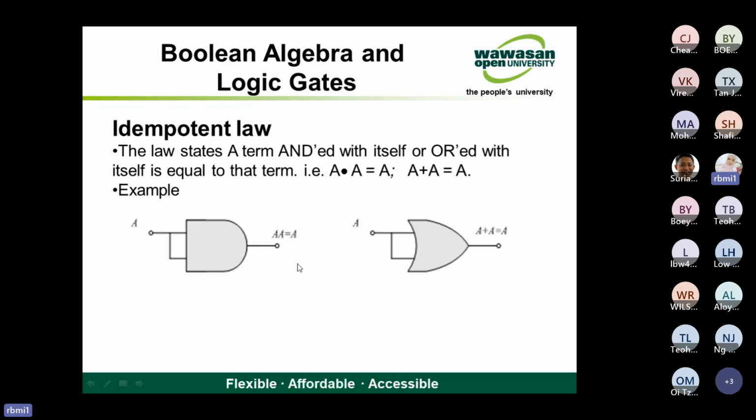This is for AND and this is for OR. Same goes if it is 0, 0 OR 0 we get 0, and if 1 OR 1, then we get 1. Do you notice that both inputs here are the same? Because we use the same node from this original input. This is the idempotent law of union implemented with AND and OR gates.